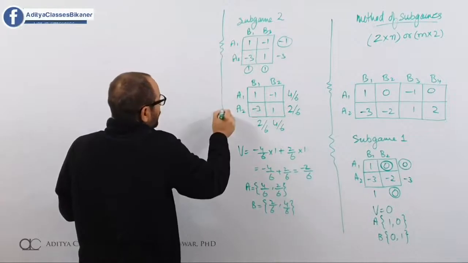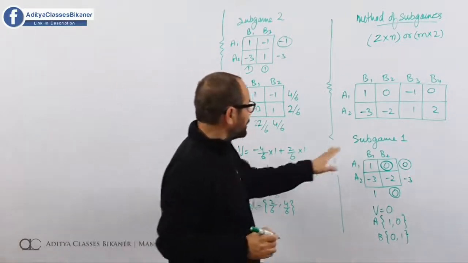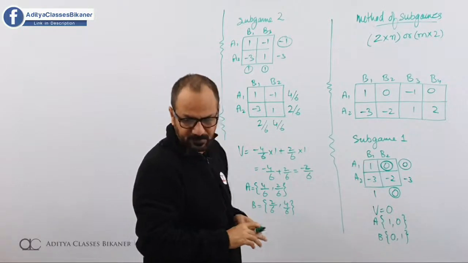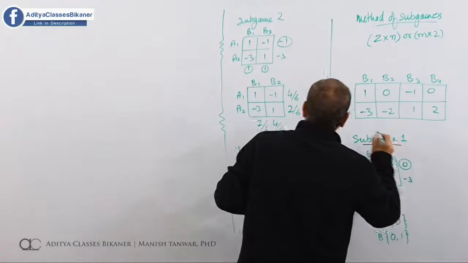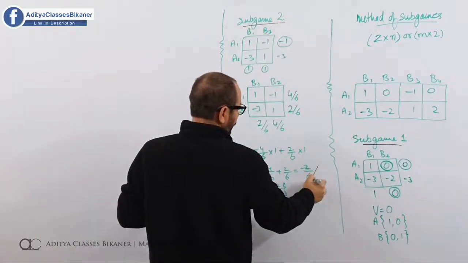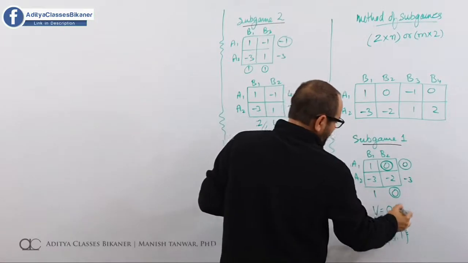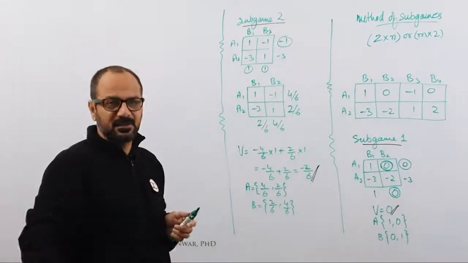So it is B who has multiple choices. B has to make a choice. So at least from these two subgames, the better choice looks like minus 2 by 6 as compared to 0, because for B a negative value is actually a profit.